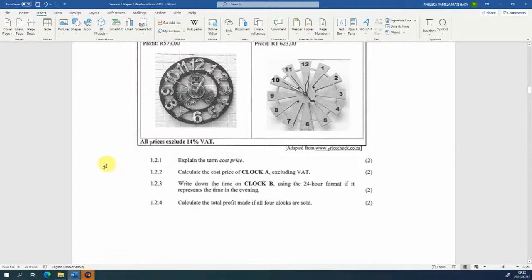Many of the concepts in the question papers in the past were finance concepts. So here's a typical finance concept: explain the term cost price.